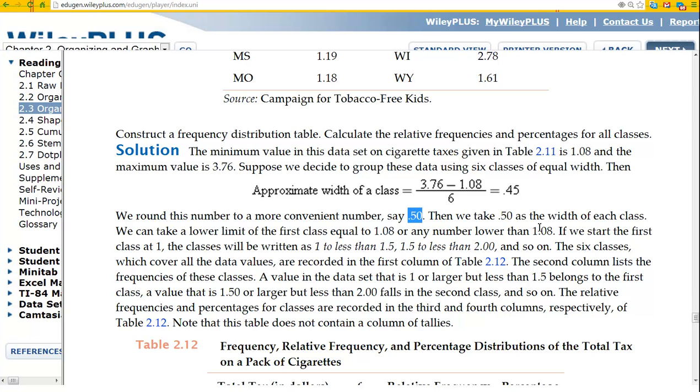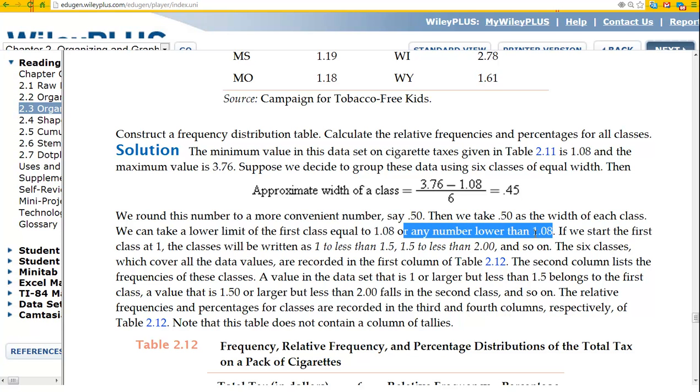So we're going to make the width of each class 0.5. We can take the lower limit of the first class to be 1.08, the lowest number we had. The first class can start at any number lower than that.